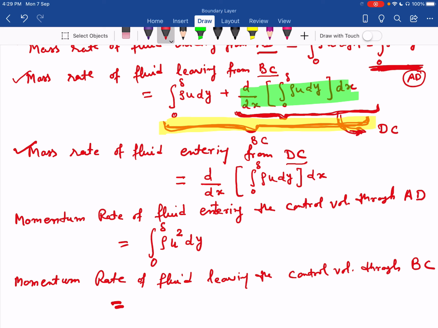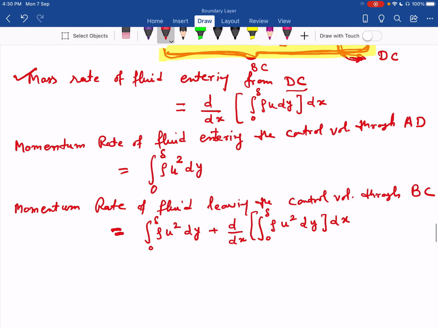So this comes out to be the mass multiplied by the layer velocity. So I have to multiply this by small u. So I can again write this as integration rho u square dy 0 to delta plus d by dx of rho u square dy dx 0 to delta.